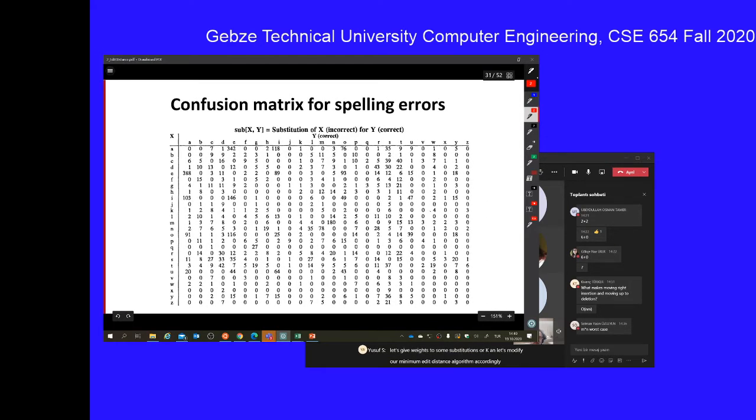This is some statistics for English text, and they tell you how many times I made an error between one character and another character. Sub xy, substitution of x for y. X is incorrect, y is correct.